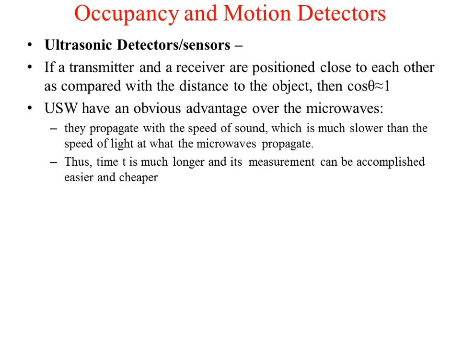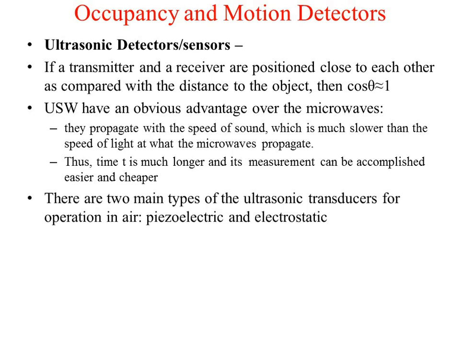The sound propagates much slower than microwaves, the time taken is longer, and the measurement is accomplished very easily and is cheaper than with microwaves. So this is the advantage of USW over microwaves.